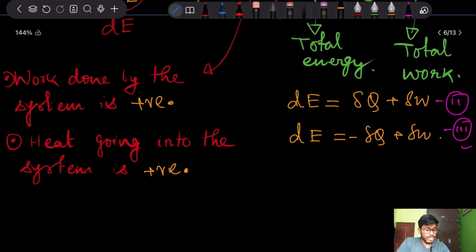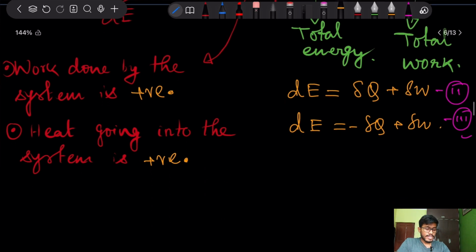Now you have to tell me what should be the sign conventions for equations 2 and 3 to be correct. They both can have the same sign convention, or they can have different sign conventions, that you have to tell.